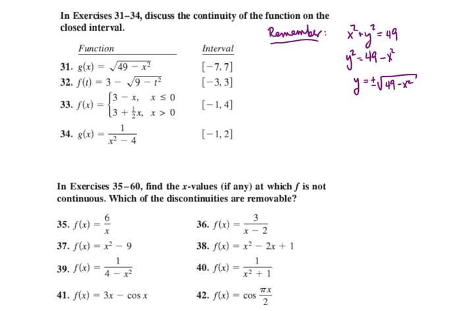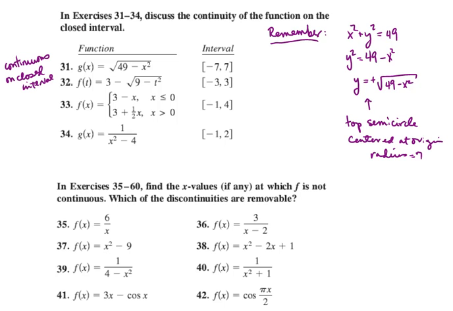Now in this particular case we only have the positive, so that would just be the top part of the semicircle. Now because of that, its values only go from -7 to +7 inclusive. And so that function will be continuous for every point along that closed interval.